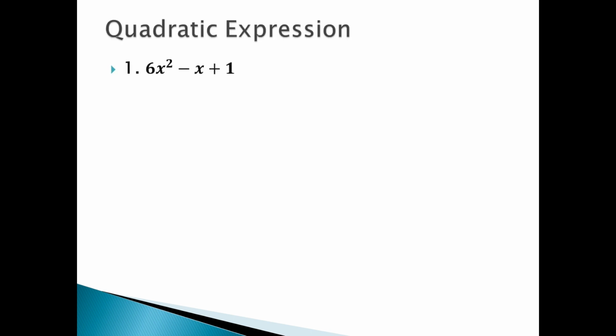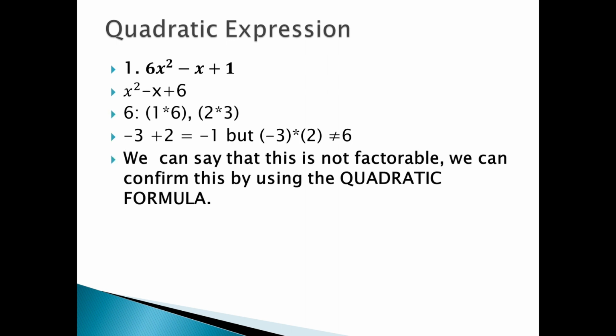So now we go back to the previous example, or exercise: 6x squared minus x plus 1. As we've shown a while ago, we cannot factor this. So we said we need to use the quadratic formula to check if it's possible to solve this.